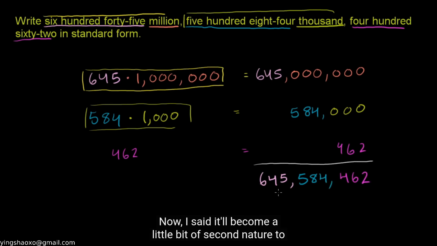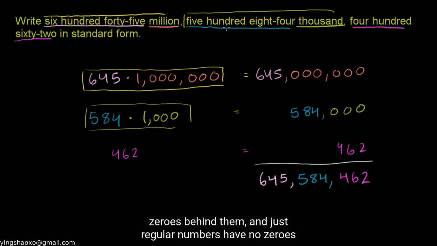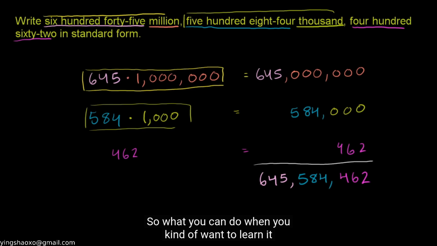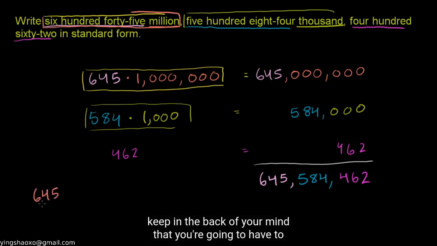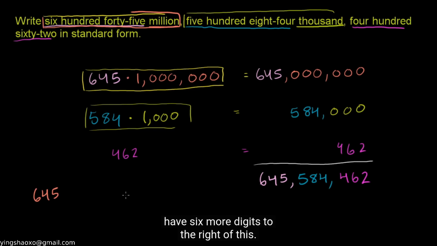Now I said it'll become a little bit of second nature to you in a little bit. And the easiest way to think about that is millions will have 6 zeros behind them. Thousands will have 3 zeros behind them. And just regular numbers have no zeros behind. So when you want to learn second nature, you'll just look at the 645 million. So you'll write 645, and you'll keep in the back of your mind that you're going to have 6 more digits to the right of this.